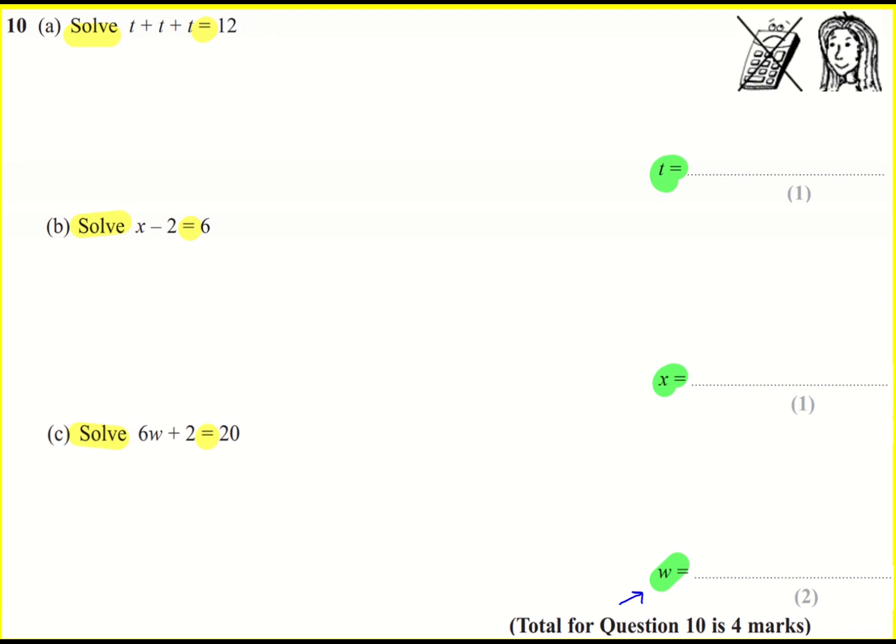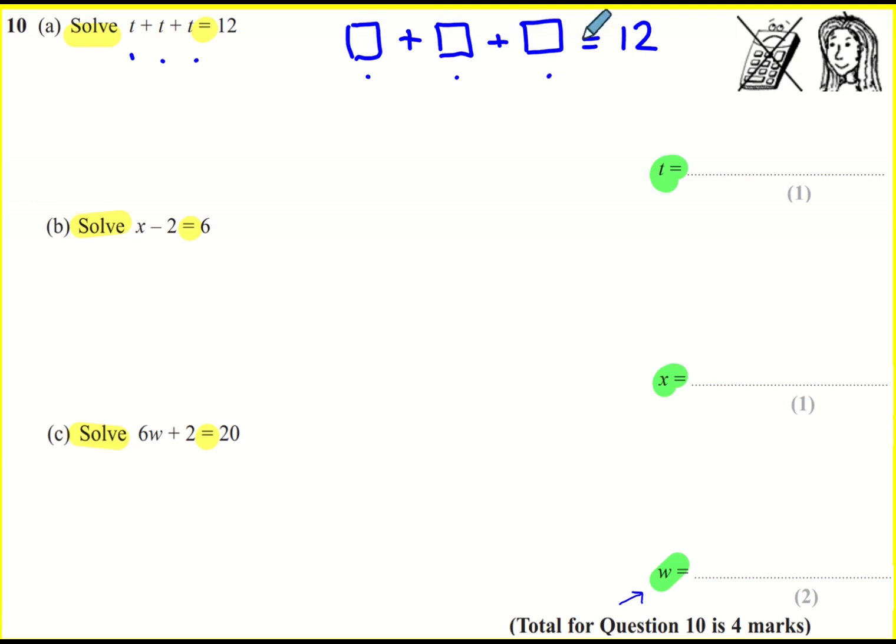There's several ways you can do this. You can either think about what same number do I add together 3 times to give 12. You can think about it like this if you want. Box plus box plus box equals 12. But importantly, where those boxes all have the same value.